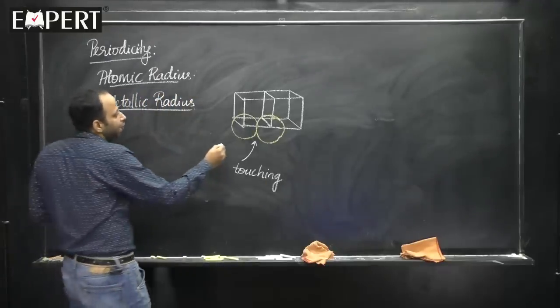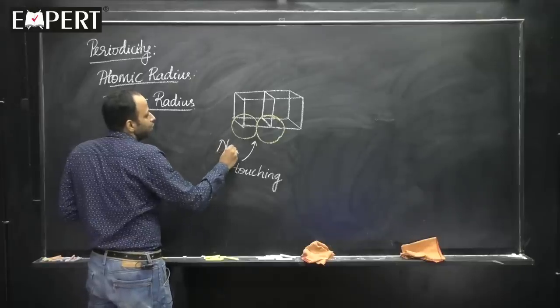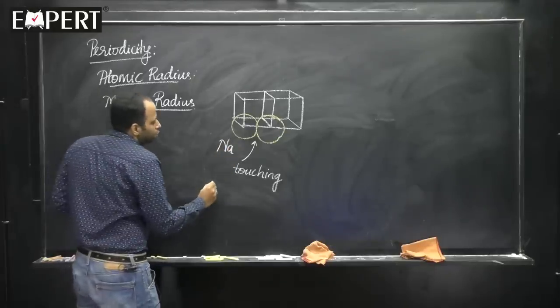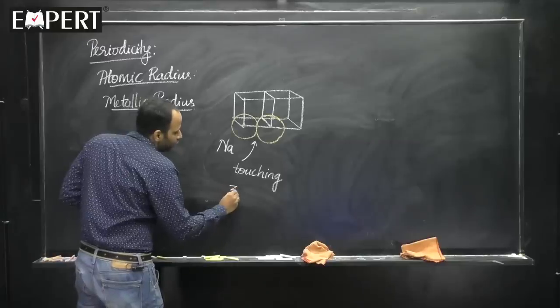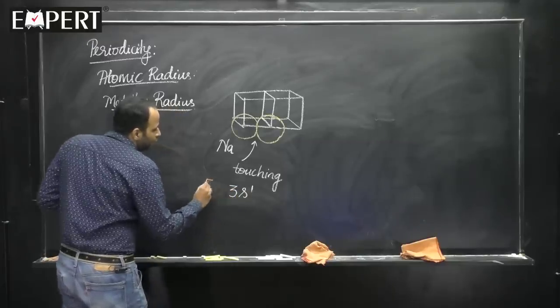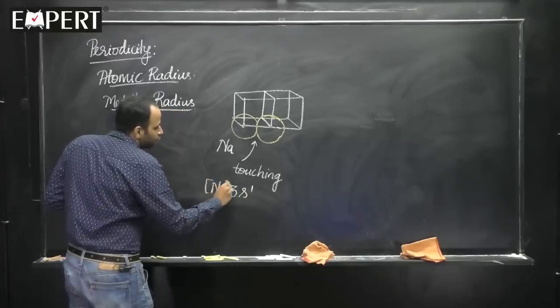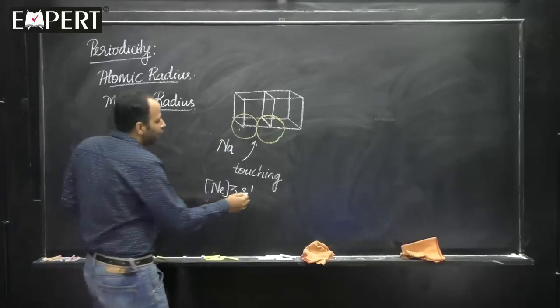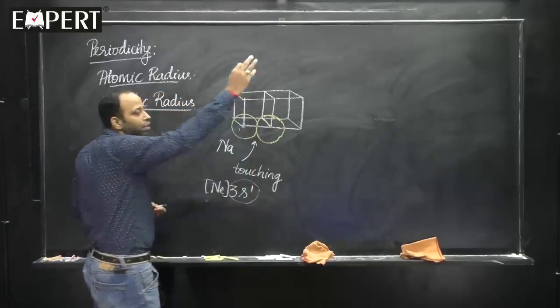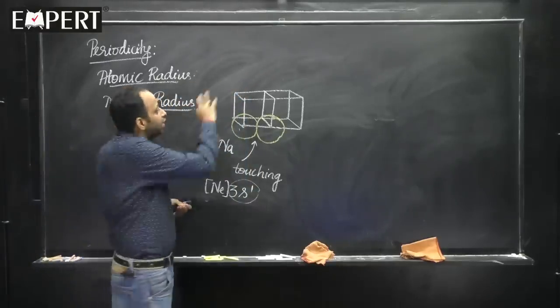So, what will happen is, imagine this is sodium. Sodium, you know the electronic configuration, it has electronic configuration of 3s1 and before that neon. So, what will happen is, whatever corresponds to neon will be present here, and you have 3s1, that one electron is free to move anywhere in this structure.